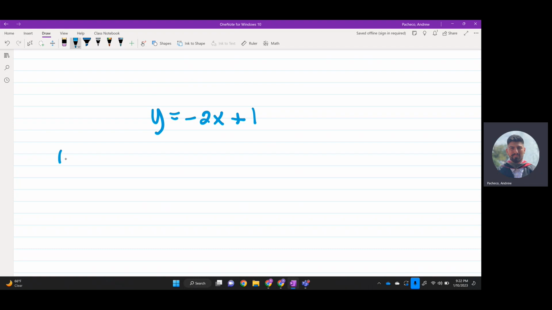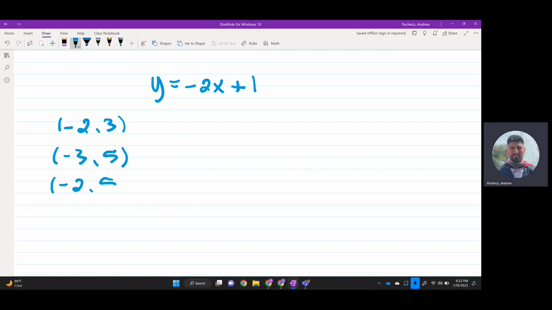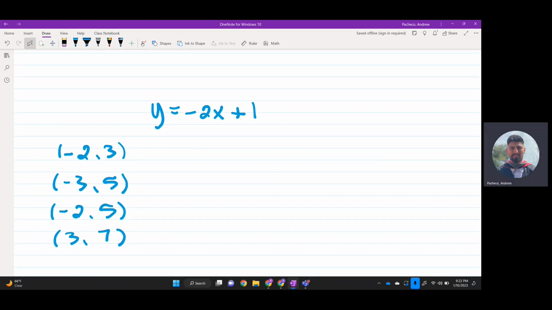So if we have the ordered pairs negative 2, 3, negative 3, comma 5, negative 2, 5, 8, 7. So the question is asking which ordered pair is a solution.